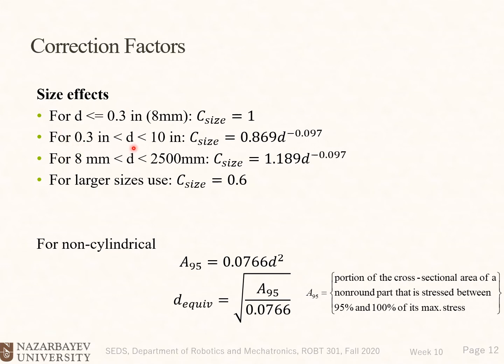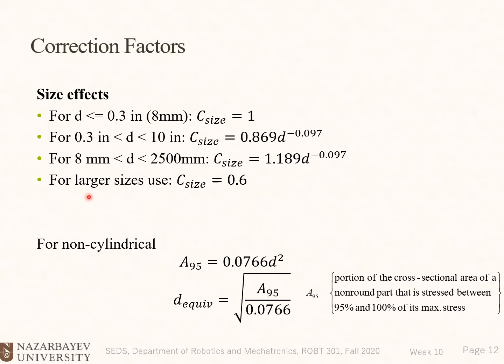When the diameter is between 0.3 inch and 10 inch, then C size can be found by this formula, where D is in inches. Or in metric units, when D is between 8 and 2500 millimeter, we can find C size by this formula. For larger sizes, we could use this formula: C size is equal to 0.6.